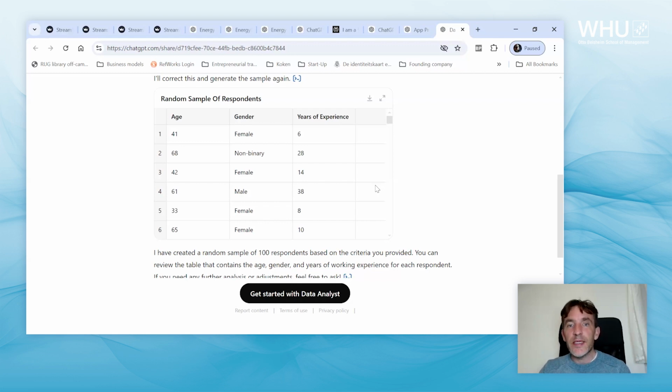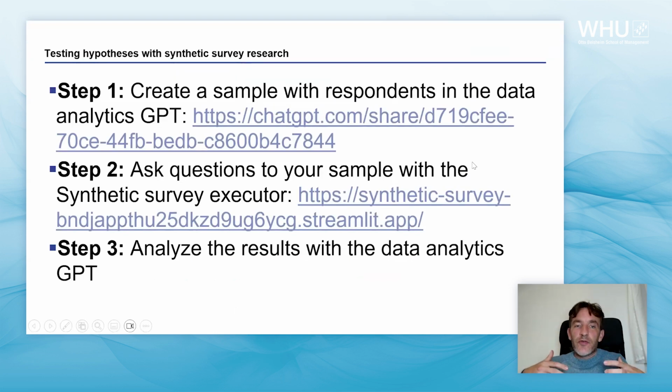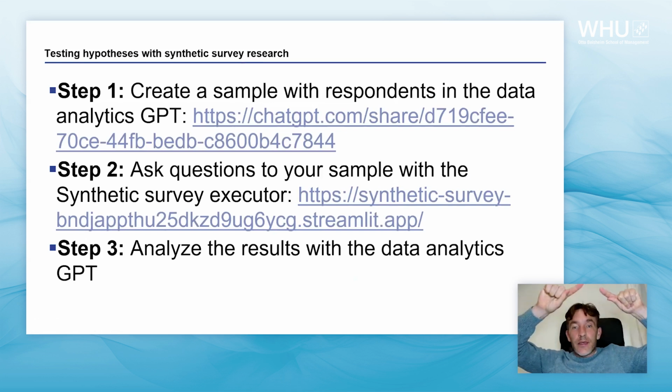And subsequently, I have developed an application, again, with agents, where the agent can, for every person in the sample, try to immerse itself into that person based on the information that you give it.